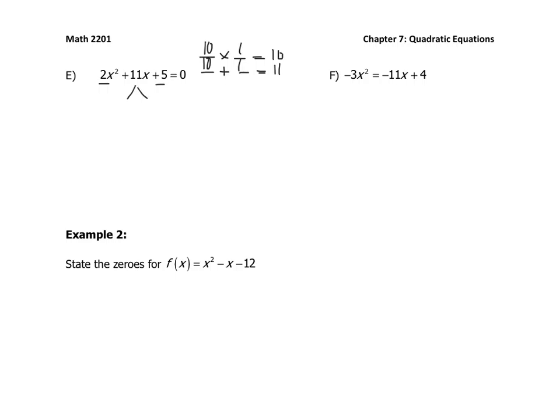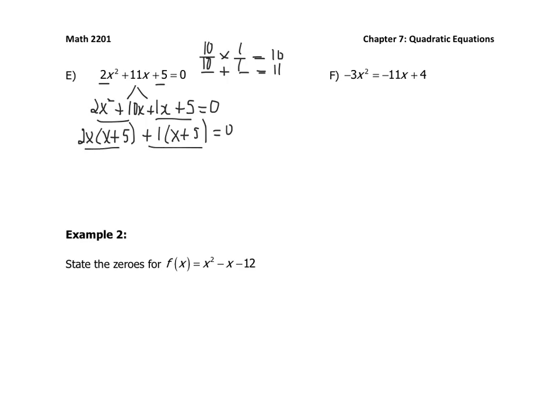So if I break down the middle term, I get 2x squared plus 10x plus 1x plus 5, and then take the GCF out of each group, so it'll be 2x outside of x plus 5 plus 1 outside of x plus 5, and then I've got these two groups here, both have x plus 5 in them, so if I take that out, I'm left with just the 2x plus 1 as my other factor.